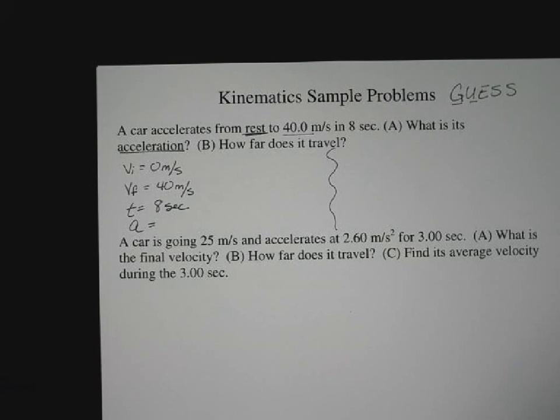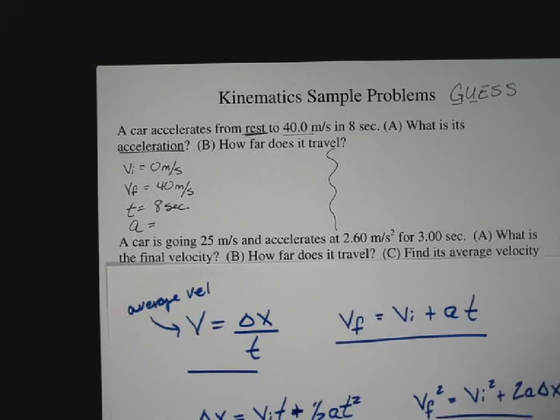So I've done the G, I've done the U. The E is the equation. I need to take the equation and rearrange it for the variable that I'm looking for. And then the question is, how do you know which equation to choose? Well, you look at what you have. Of what you have, you find the equation that has all of those variables plus the one you're looking for.